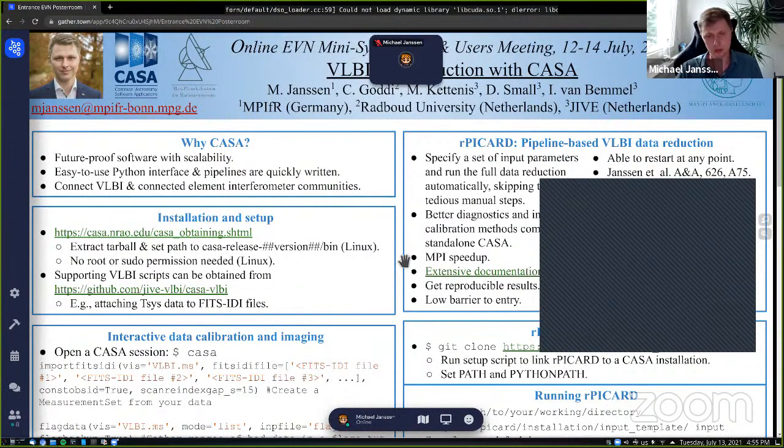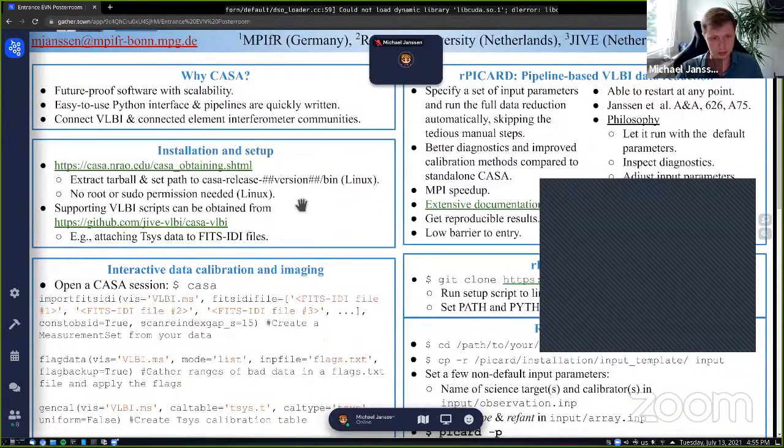Also, CASA has been used for quite a while now by the connected element interferometer community, so ALMA and VLA, for example. And I think this is now a nice case to bring that community closer together with our VLBI community. So then here is some information on how to install CASA.